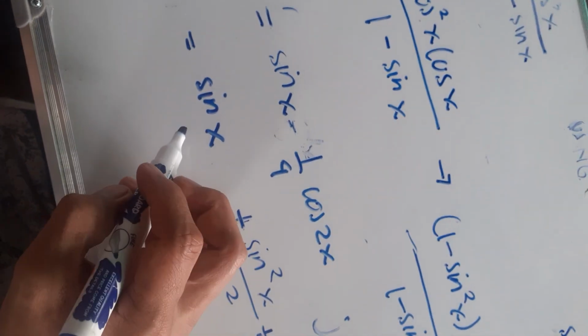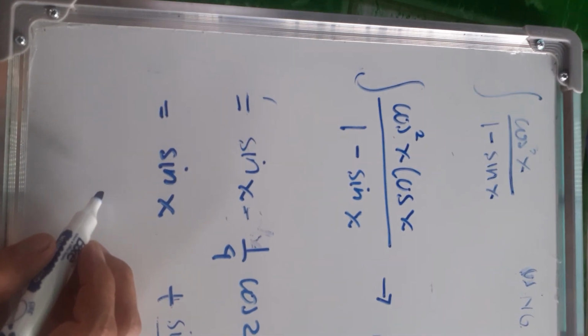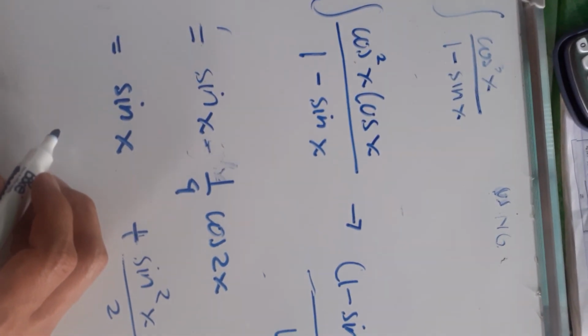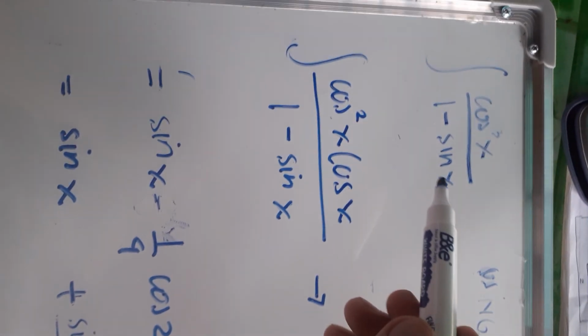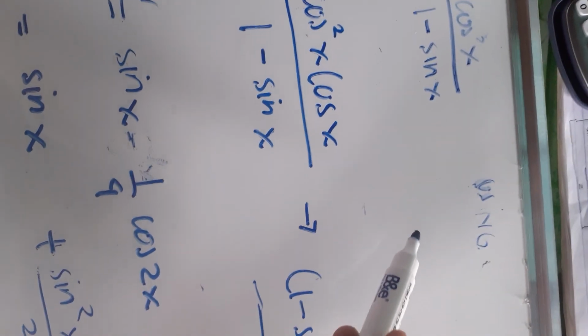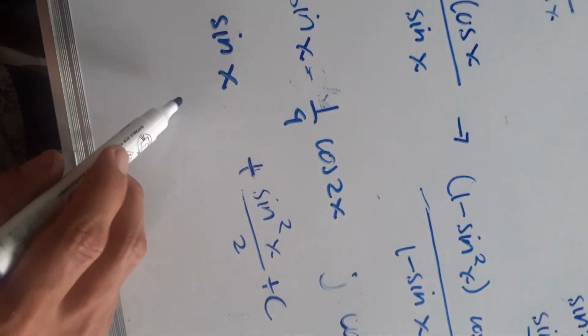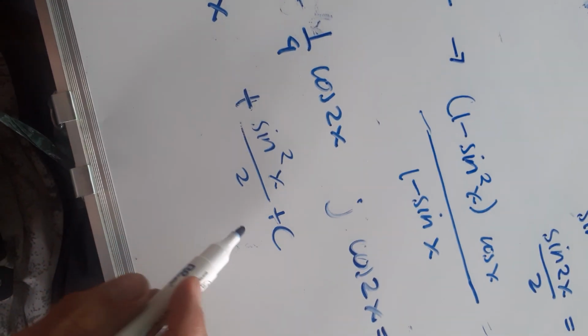So we have the same answer throughout any other ways to solve this integral, cos cubed x over 1 minus sine x. Using 3 different methods, we arrive at the same answer, sine x plus sine squared x over 2 plus c.